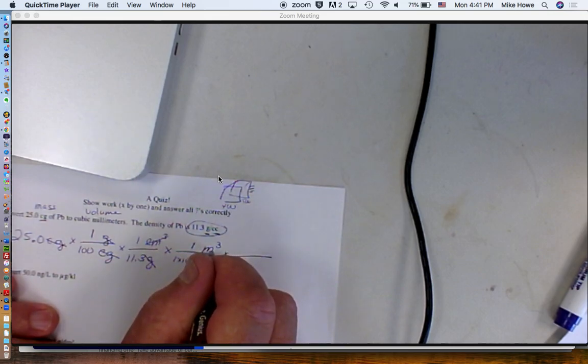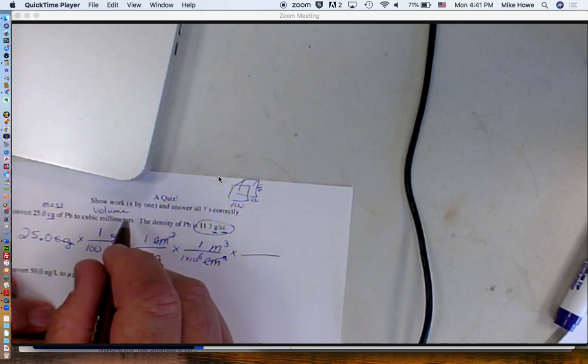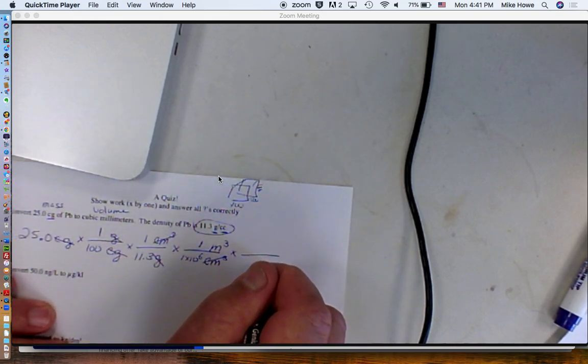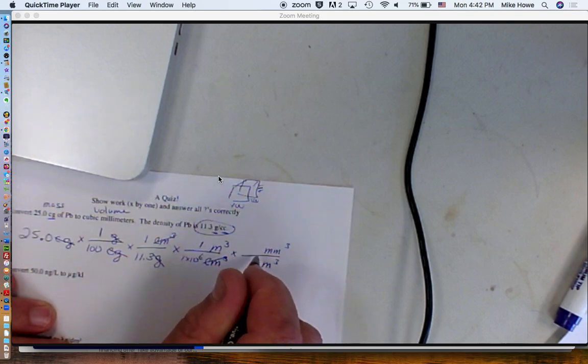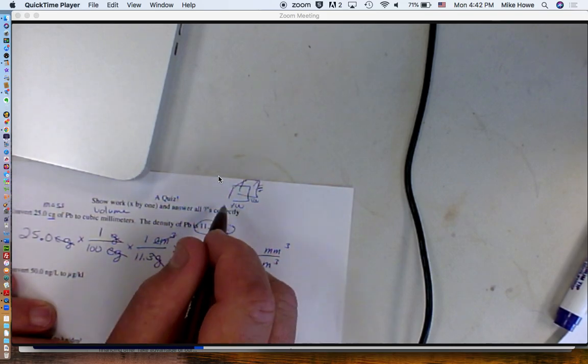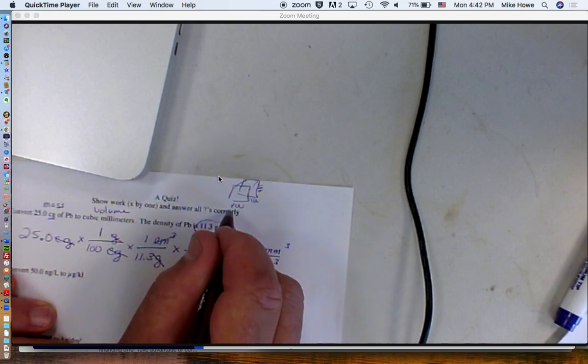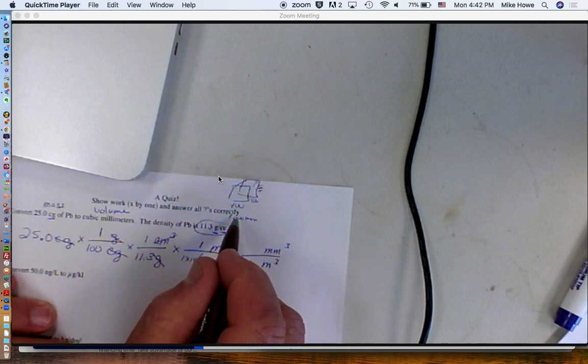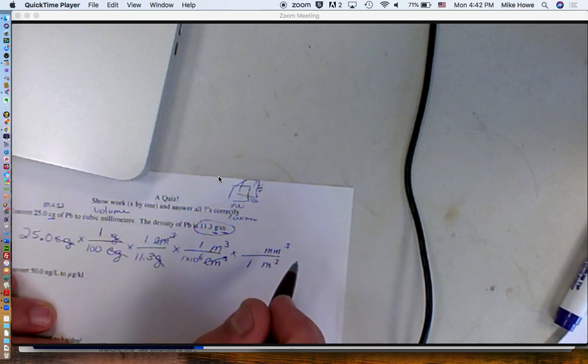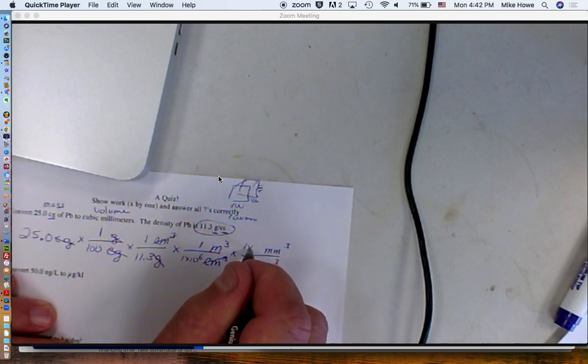We want to get cubic meters into cubic millimeters. So we're going to put cubic meters here, millimeters cubed here. Cubic meters are bigger than cubic millimeters, so put 1 here. And now in this same cube picture, instead of 100 centimeters on the side, we have 1,000 millimeters. So it's the same logic. You have 1,000 times 1,000 times 1,000. So that would be 1,000,000,000.